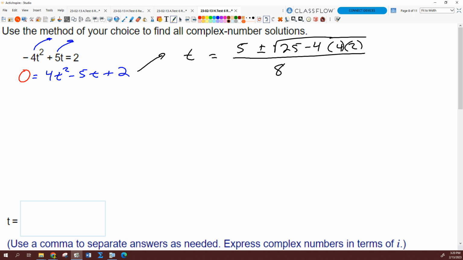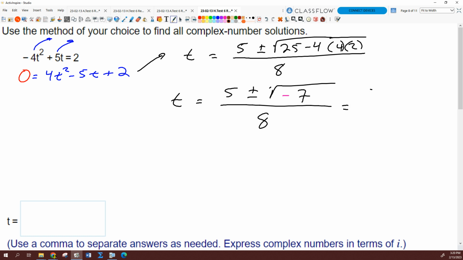Okay. So then t equals 5 plus or minus square root of 25 minus 32, right? So what's that? -7. What's the square root of -7? Okay, good. Square root of 7i.